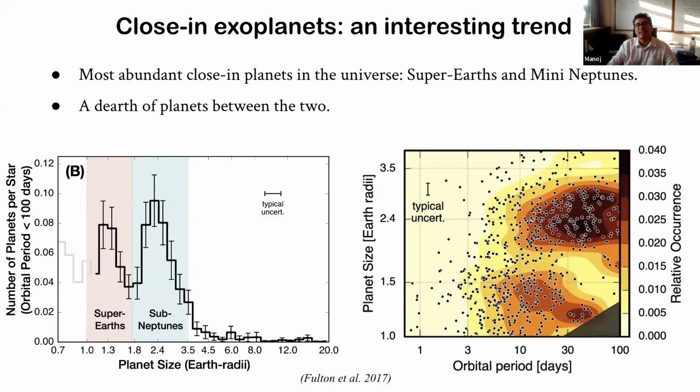One such thing that has come out of the demographic studies is what is known as the radius gap, or the Fulton gap, named after Fulton, who first pointed it out. The radius gap is simply, if you plot a distribution of planet sizes or radii, you see an apparent gap between super Earths and sub-Neptunes, between 1.7 Earth radii and 2 Earth radii.